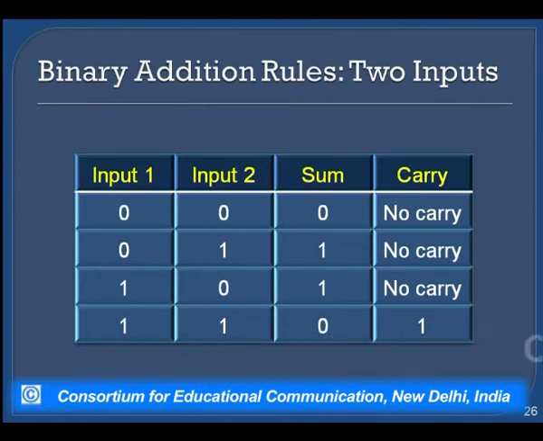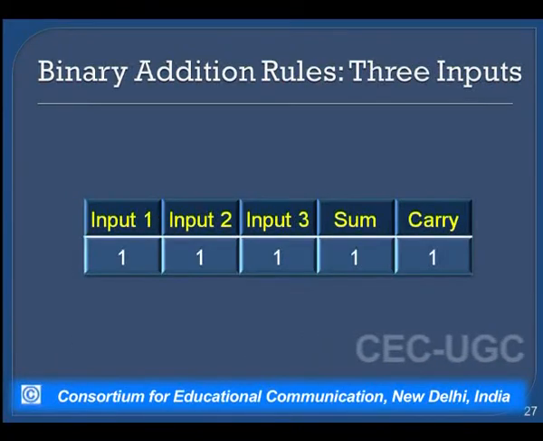When we add 0 and 0, it is 0, there is no carry. 0 plus 1 is 1, no carry. 1 plus 0 is again 1, no carry. But when we add 1 and 1, the answer is 0 and there is a carry of 1. If the same rules are applied to 3 inputs, that is we have 3 ones, then the answer is 1 and we have a carry of 1.